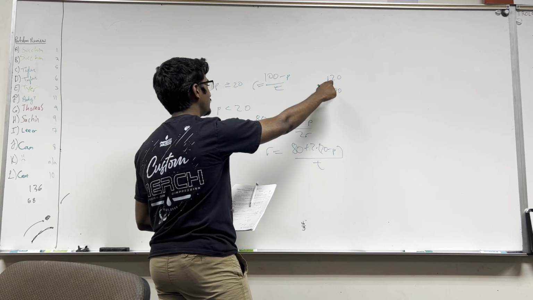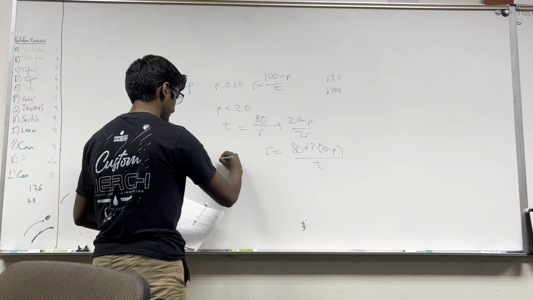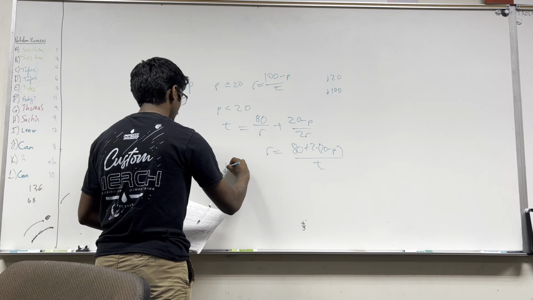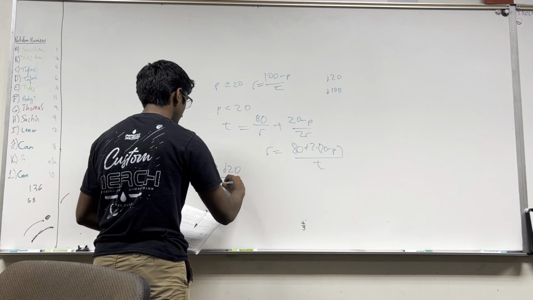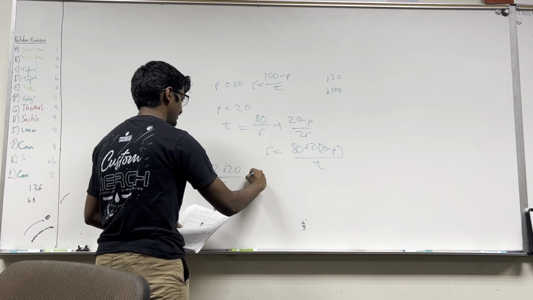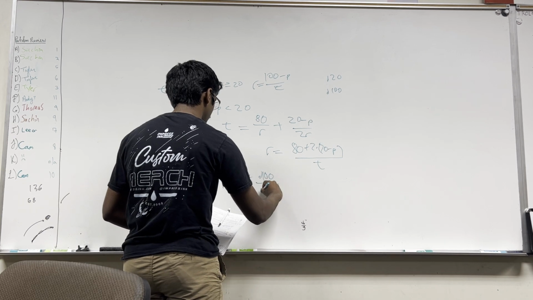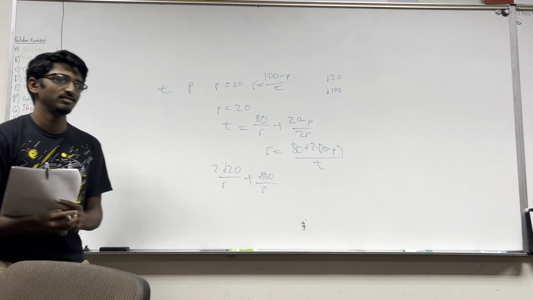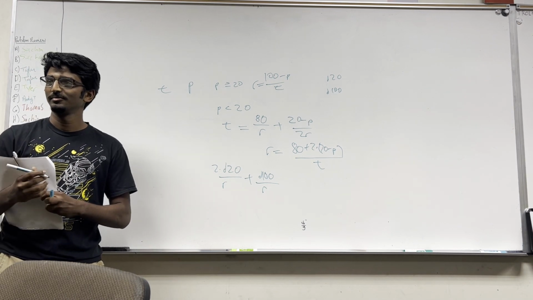You can find these pretty easily in each of these cases, and your answer becomes 2 times D20 divided by R plus D100 divided by R. So yeah, just some annoying math with casework.